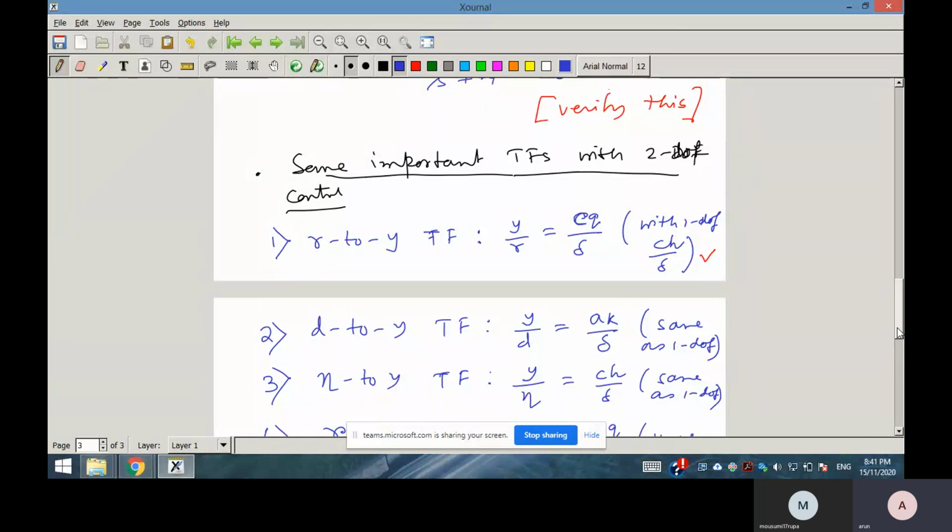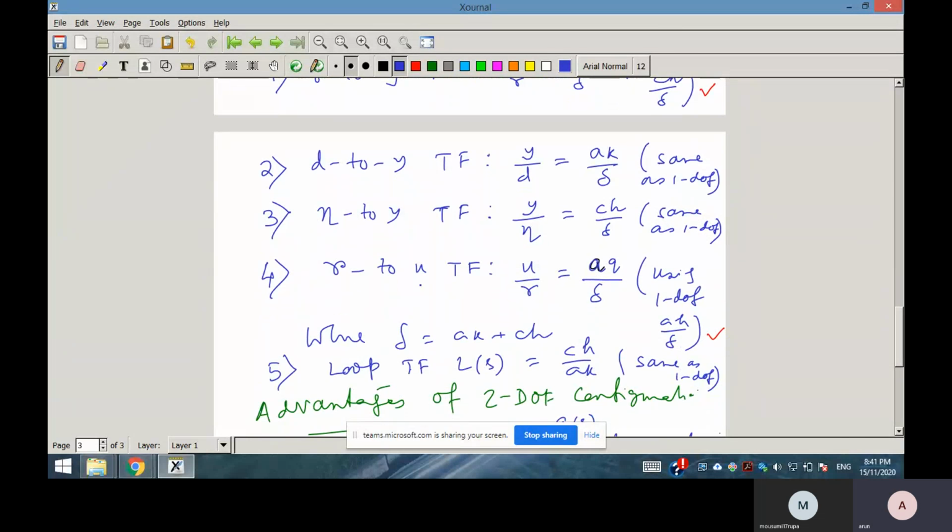Because of this presence of Q, this independency comes.